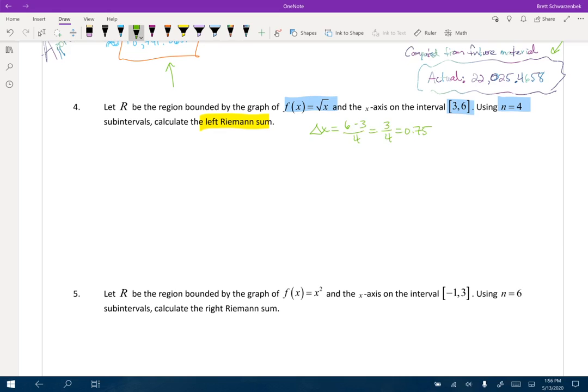If we want to determine where the grid points are located on the graph, we start at 3, and then we add our change of x each time. So 3.75, add 0.75, get 4.5, add another 0.75, 5.25, add another, 6.